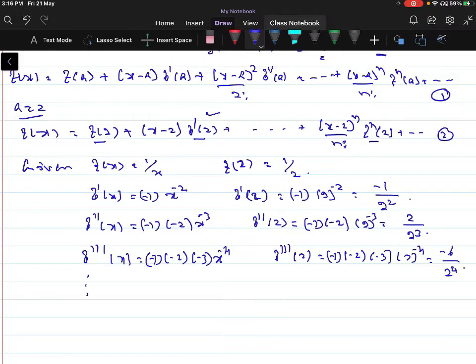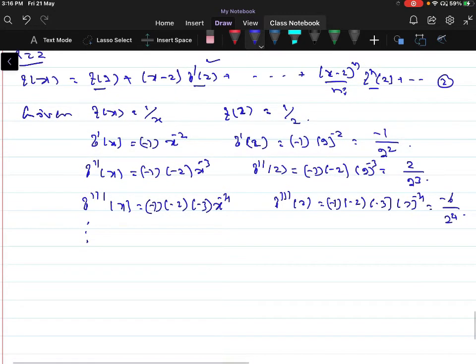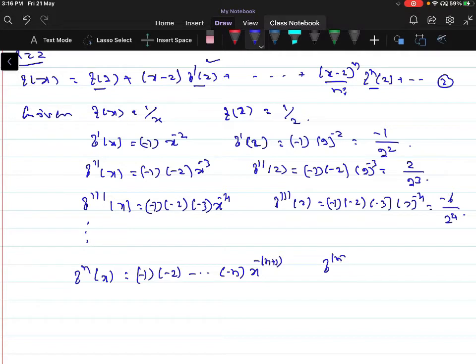Now differentiating the higher orders, we can get the nth derivative of f, which is (-1)(-2) and so on up to (-n) times x^(-(n+1)). Then the nth derivative of f at x = 2 is (-1)(-2) and so on up to (-n) times 2^(-(n+1)).